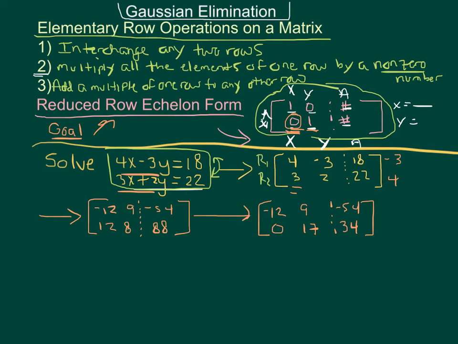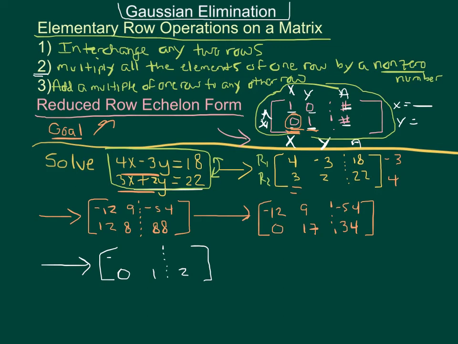However you view it, it now looks like this. 0 divided by 17 is 0, 17 divided by 17 is a 1, 34 divided by 17 is a 2. So notice we're getting closer to our goal up here, right? I've got a 0 and a 1 at the bottom, that's what I want.